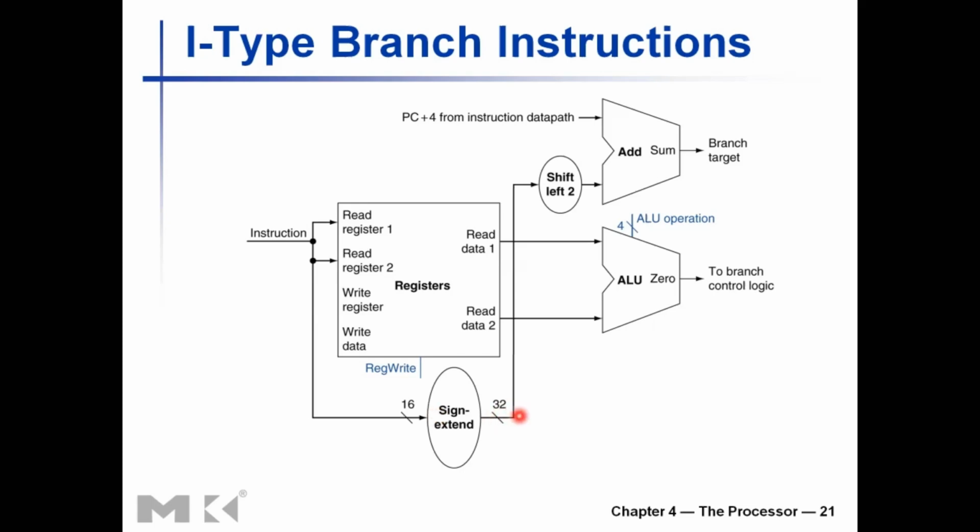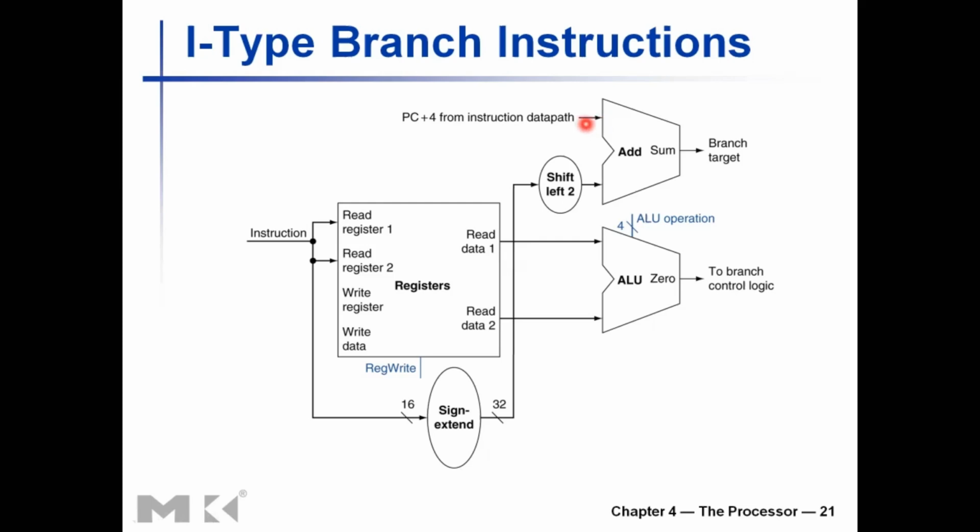So the offset you shift to the left by 2 in order to refer to bytes, because the PC+4 value coming from the instruction fetch mechanism is already a 32-bit byte address. So you shift the offset to the left by 2, so you also have a byte address where the two least significant bits are 0.